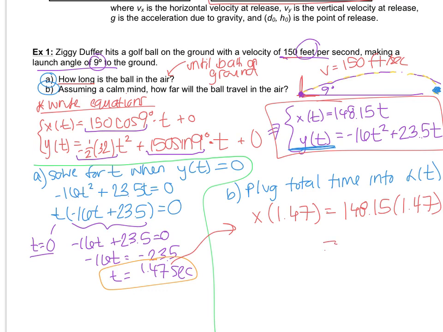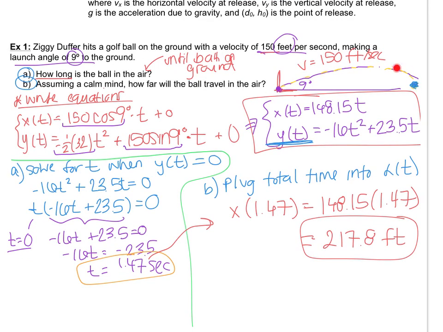So we just calculate that, plug it in, 1.47, and we get 217.8. So we know that the ball traveled from here to here 217.8 feet, and we know that it took 1.47 seconds to do that.